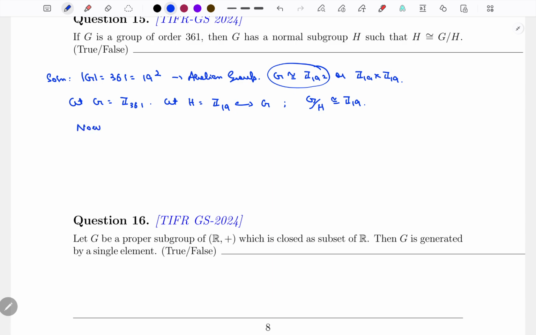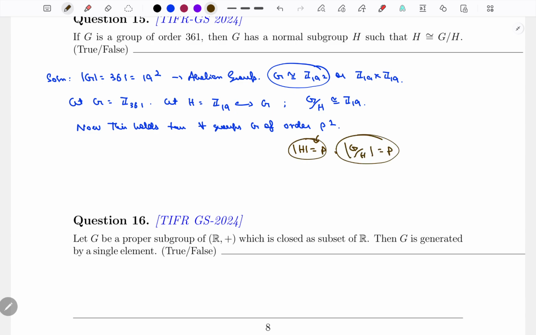Now, this holds true for all groups G of order p squared, in fact, because if you have a group of order p squared, then you will have a subgroup H whose order is p. In that case, G mod H will also have order p. Both of these are groups of order p, so they are isomorphic to Zp, right? So it works, so it's true, right?